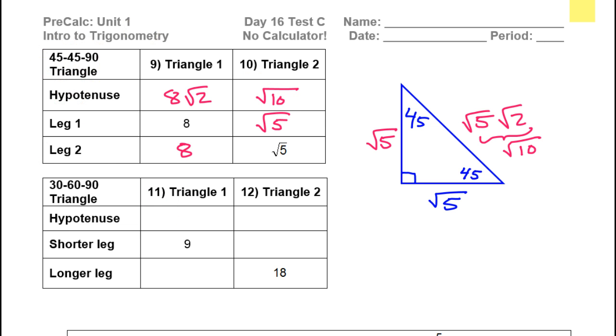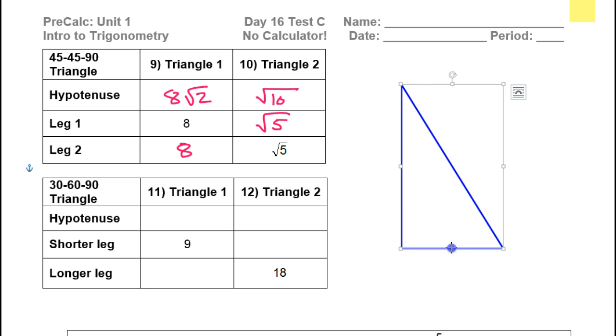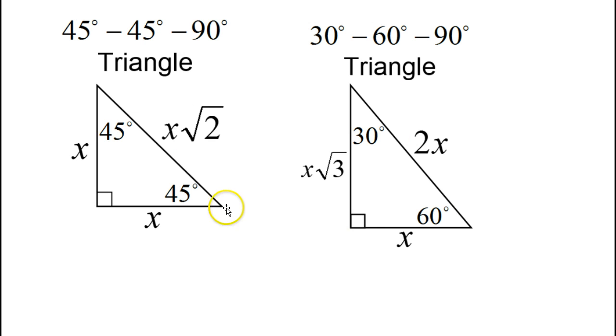Alright, so that's it for the 45, 45, 90 triangle. Now let's draw a sketch of a 30, 60, 90 triangle. I will call this my 30 and I will call this my 60. That means this down here is my short leg. For problem number 11, we are told that the short leg is 9. One more time, the pattern goes: focusing on the short leg, double it, you get the hypotenuse.